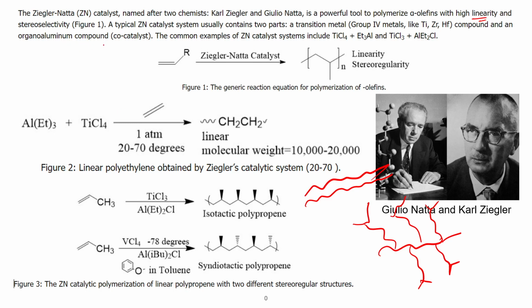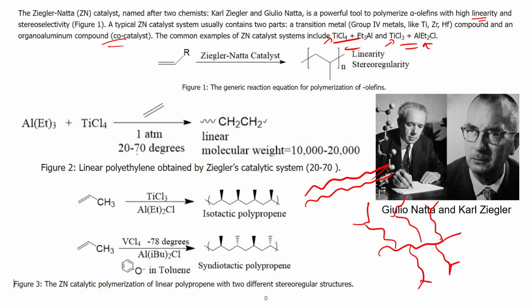These are organometallics, so they are metallic. So these are two combinations of that: an aluminum-based reagent and titanium. TiCl4 or TiCl3, both variants can be used, with different types of aluminum-based reagents.